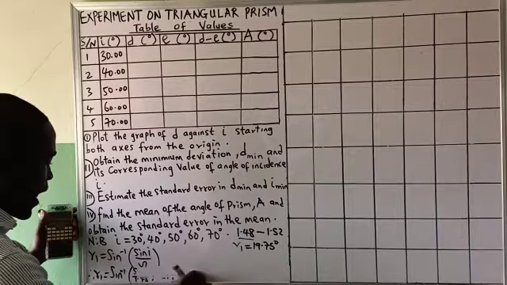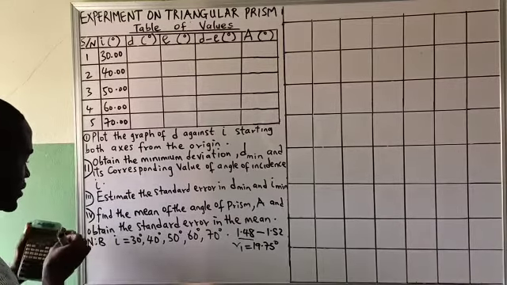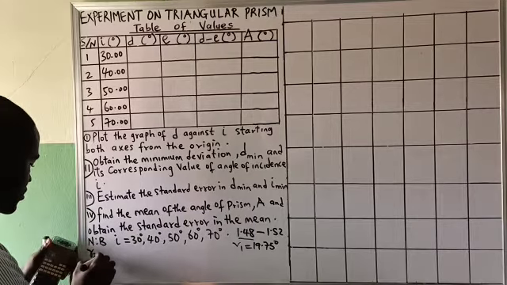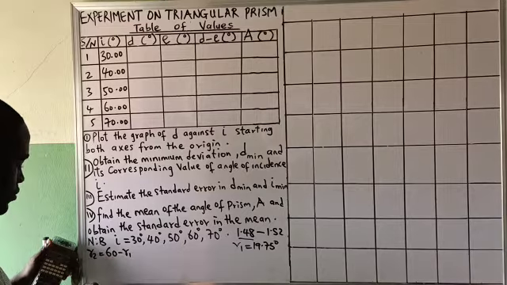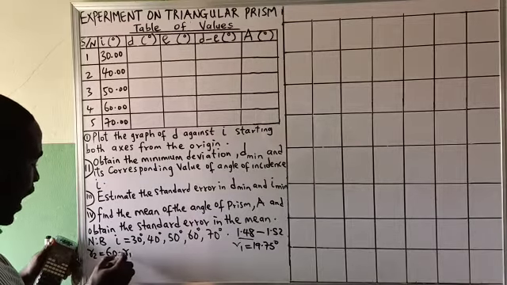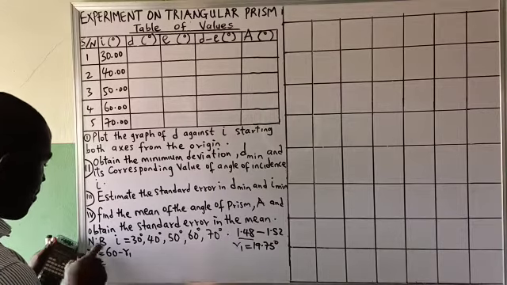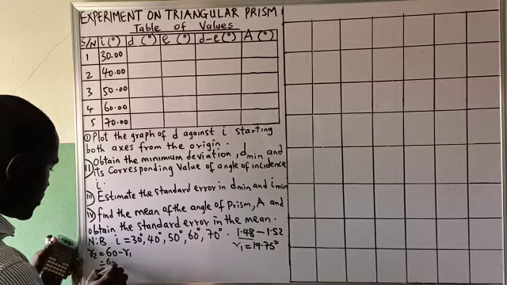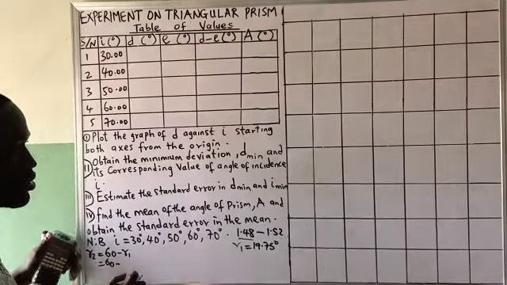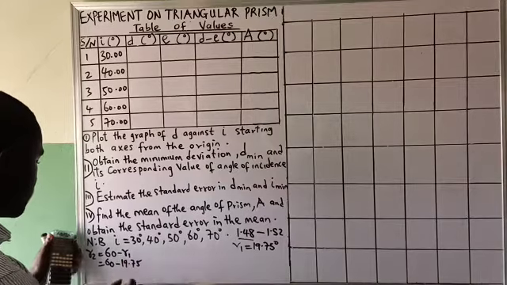I will now come again. What about my R2? R2 says that the answer is 60 minus R1. Then what is R1? 19.75. So I'll be having my R2 to be equal to 60 minus 19.75.